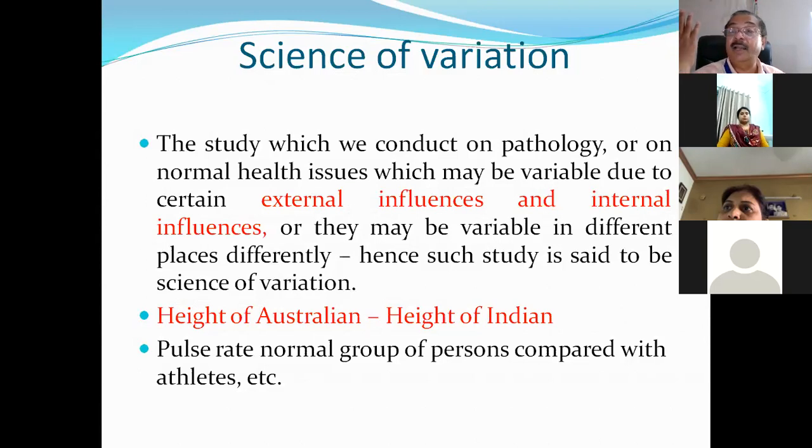They are 6.5, likewise. So they are also healthy. But in India, if somebody is 7 feet, then it is said to be abnormal height. But if somebody is very short, then that is also abnormal height. So science of variations includes that, even in a healthy condition.